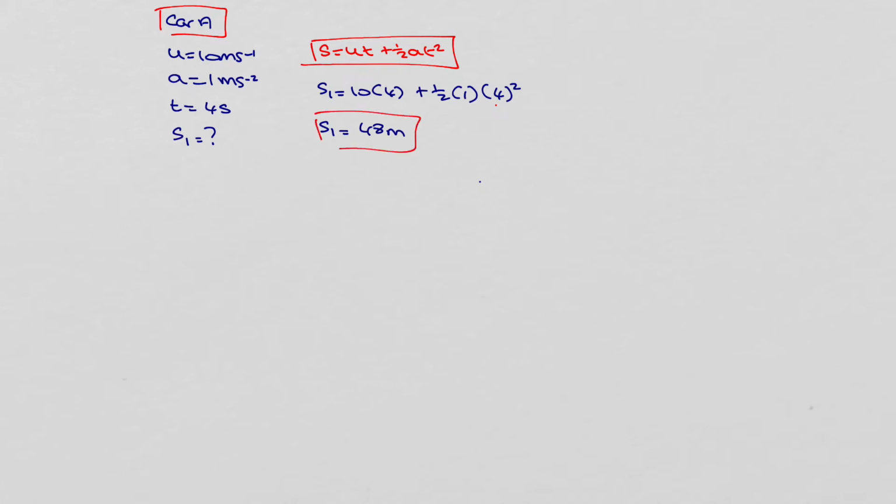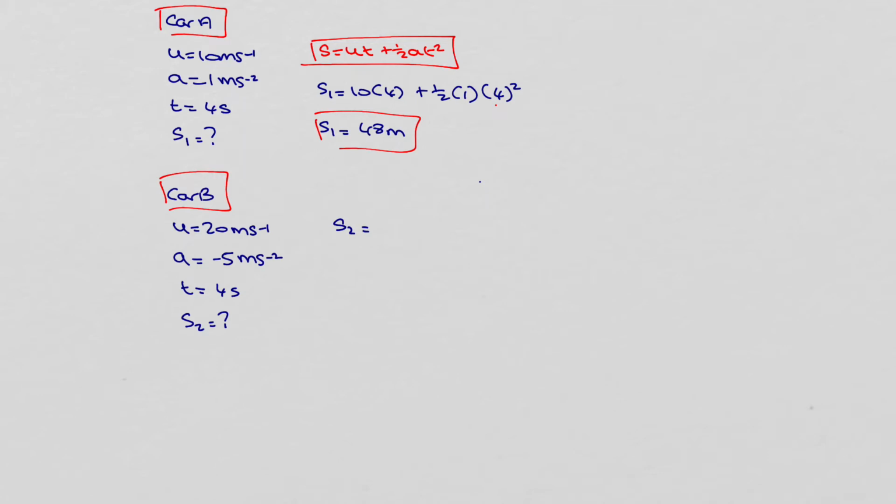And then if we do the same for car B, well, for car B, the initial velocity is 20. Its acceleration is minus 5 metres per second squared because it's slowing down. And the time we're looking at is 4 seconds, and then S2 we're trying to find.